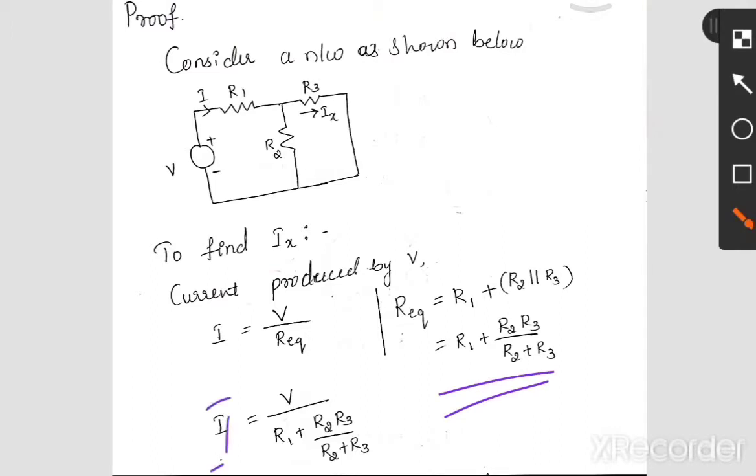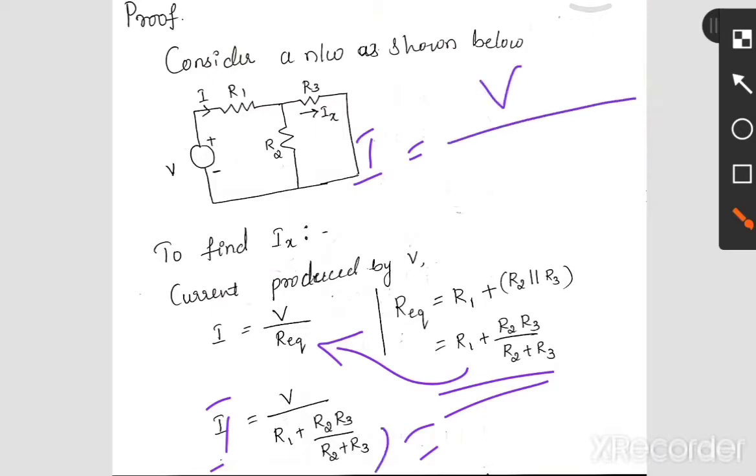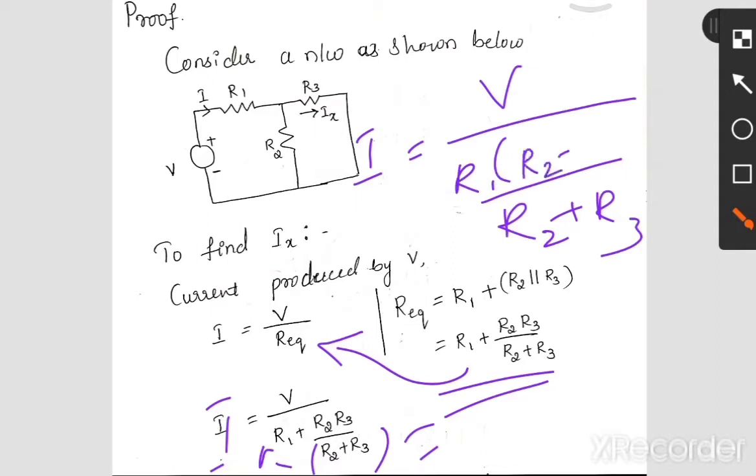Therefore I will be equal to V divided by R1 plus R2 R3 divided by R2 plus R3. We'll try to simplify here itself. Take the LCM, which is R2 plus R3, so the denominator becomes R1 into R2 plus R3, plus R2 R3.